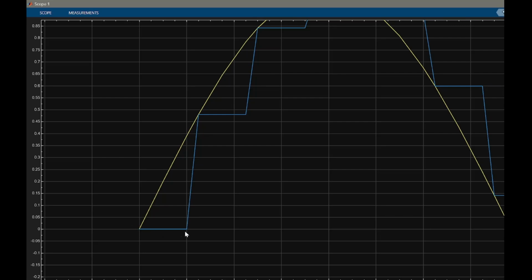Only when the next sampling instant arrives, it jumps upward. Again, it remains constant until the following sample. This is exactly how most digital to analog converters work.